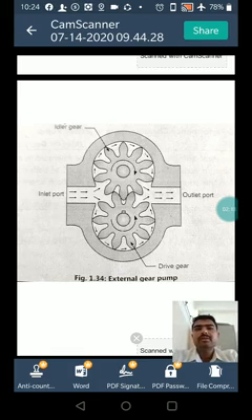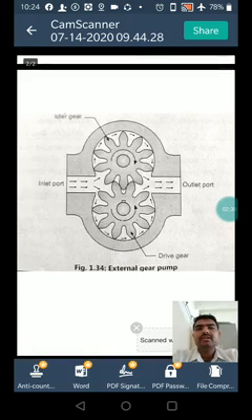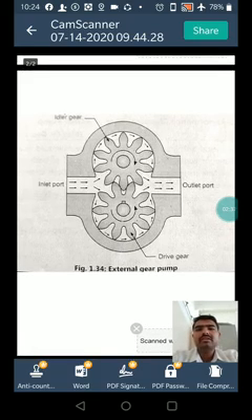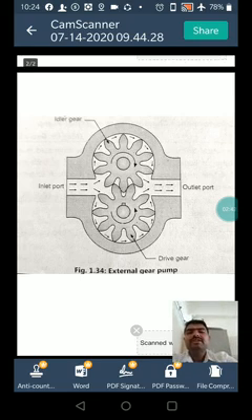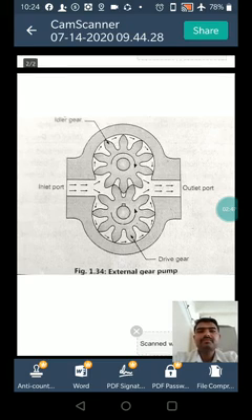A typical external gear pump diagram is shown in the figure. It consists of two spur gears mounted on their respective shafts. The shafts are supported between bearings. The assembly is contained in the housing or casing, and that has an outlet.